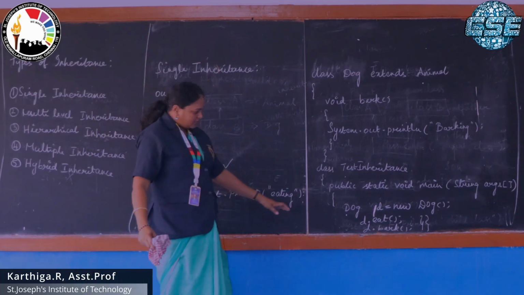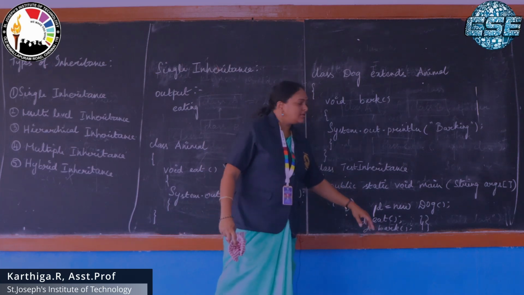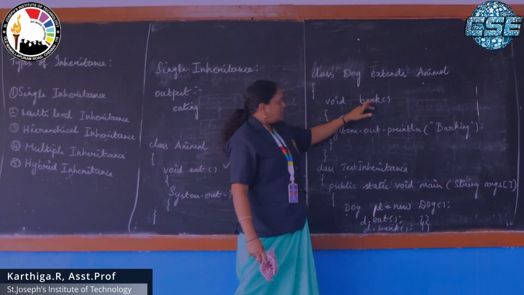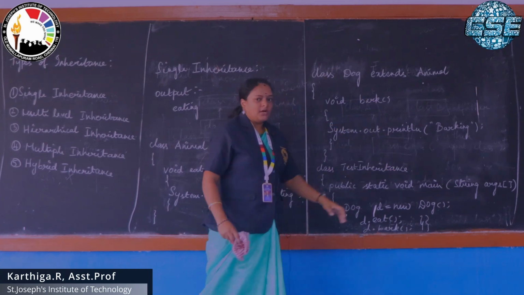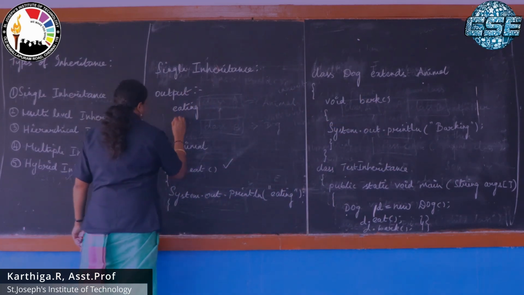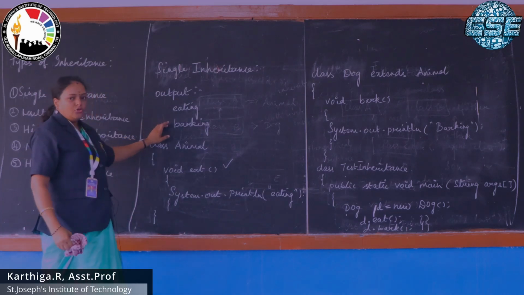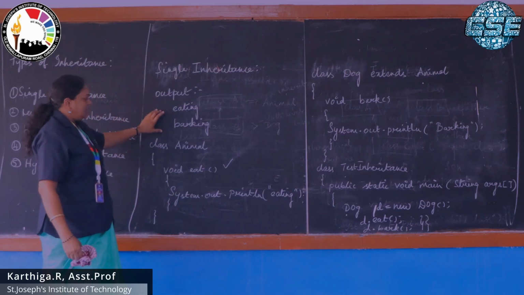Next, here we declare d dot bark. Bark is the method which is declared inside the child class. Okay. Then this method has the value of barking.